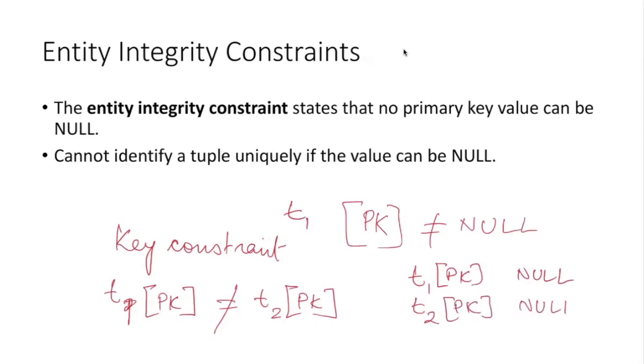Since I'm allowing null values, I can have two tuples which both have null for the primary key. Then the key constraint is not satisfied, so in that case PK cannot be the primary key. In short, the entity integrity constraint says that the value of the primary key for any tuple cannot be null. That is the entity integrity constraint.